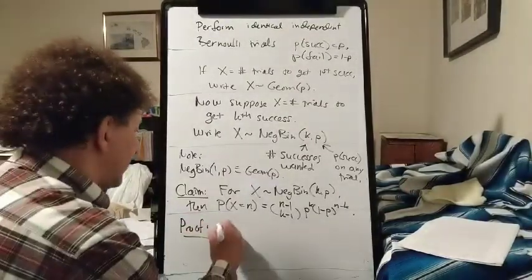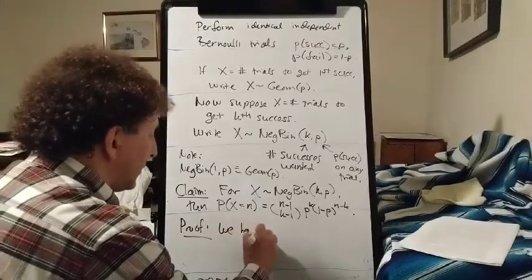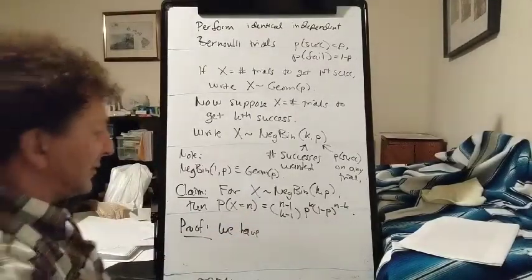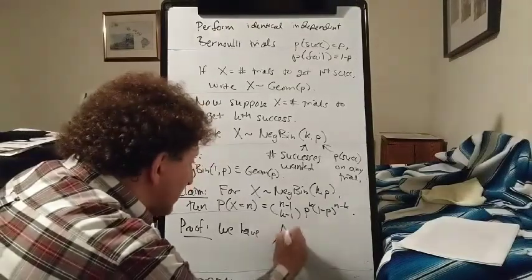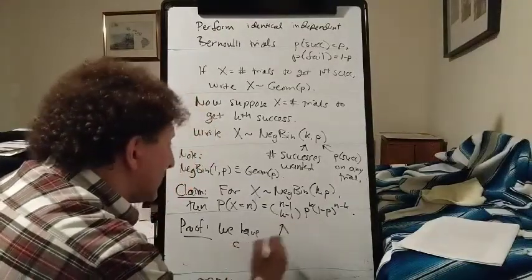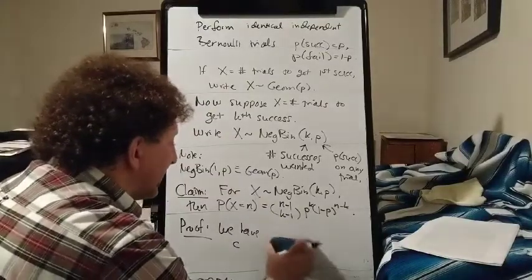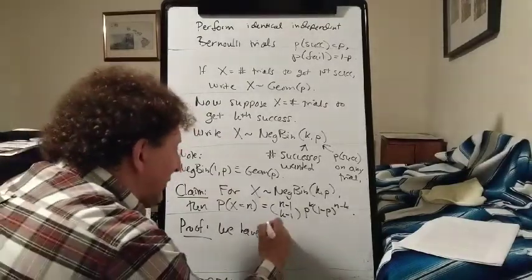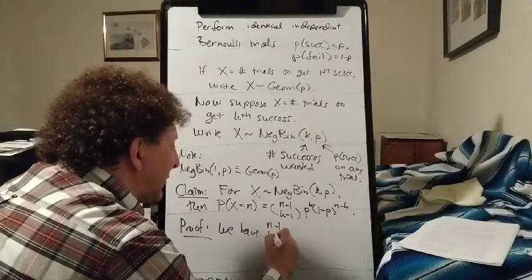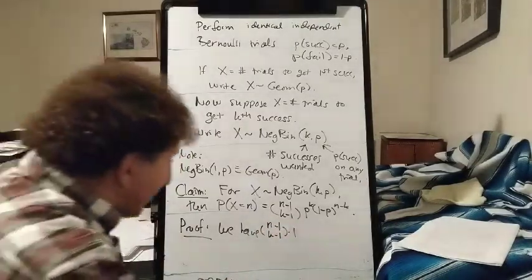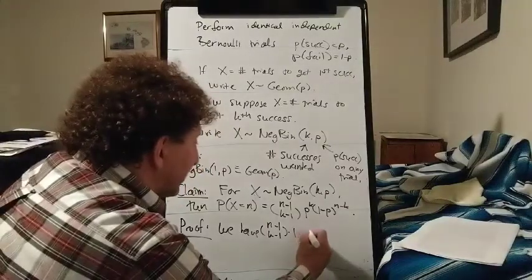Proof. We have, so the n minus 1 choose k minus 1 means, I'll write it again, a little differently: n minus 1 choose k minus 1 times 1.